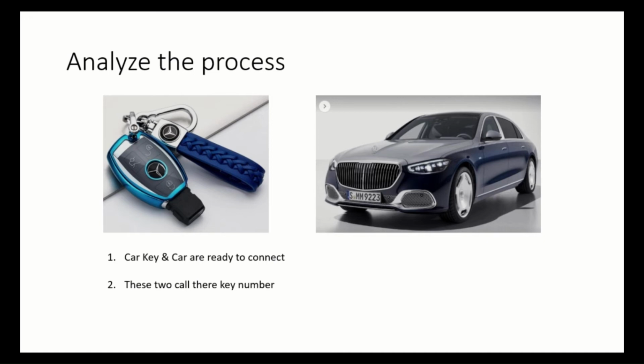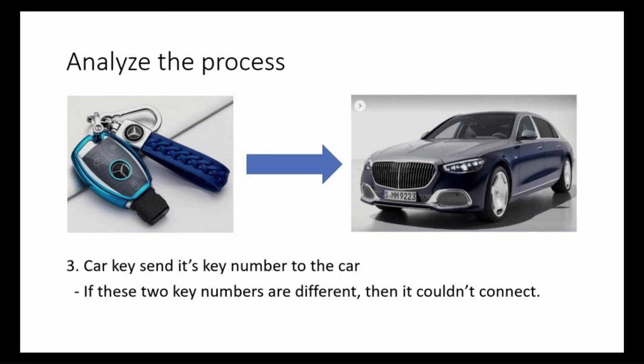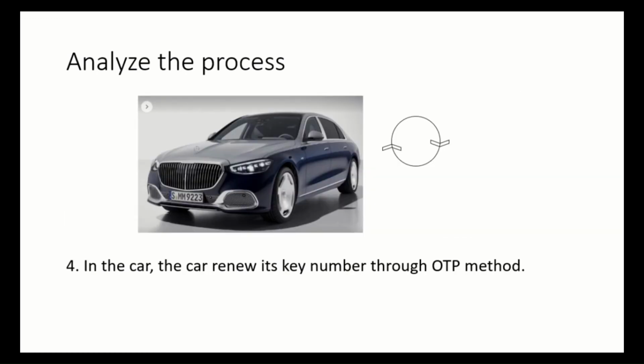We can analyze this process with a car and a car key. First, the car and the car key are ready to connect, and these two check their key numbers. The car key sends its key number to the car. If these two key numbers are different, then it couldn't be connected.